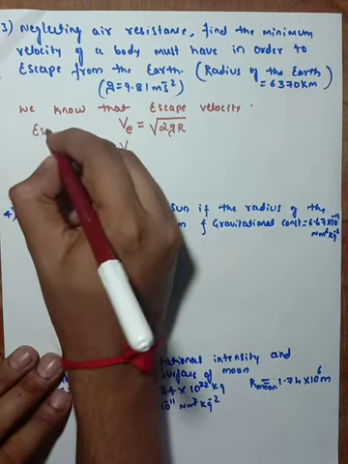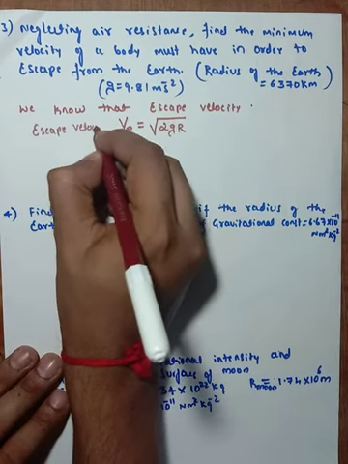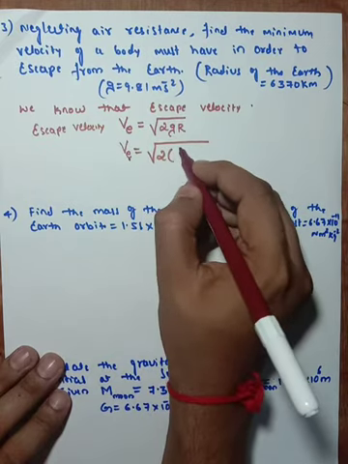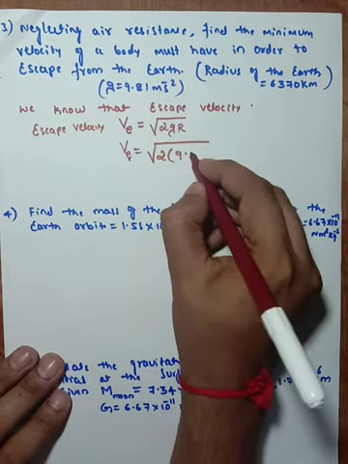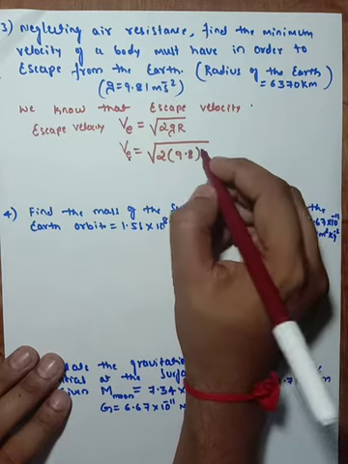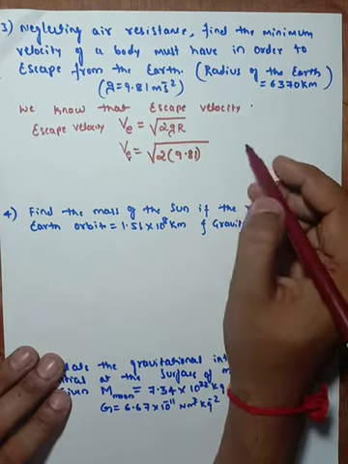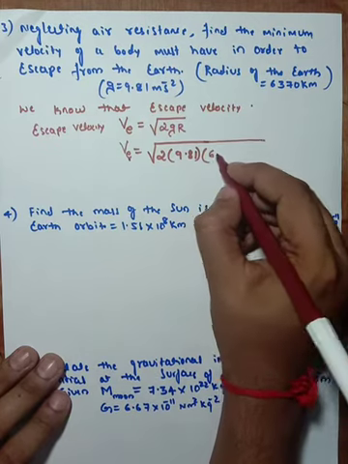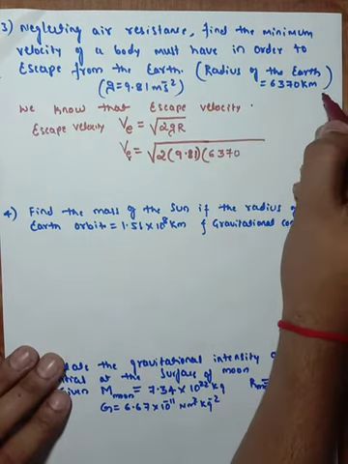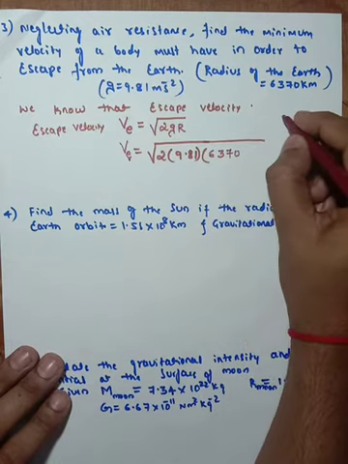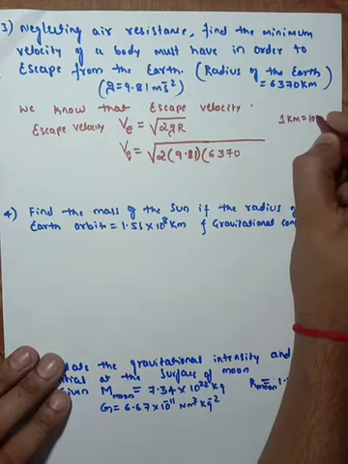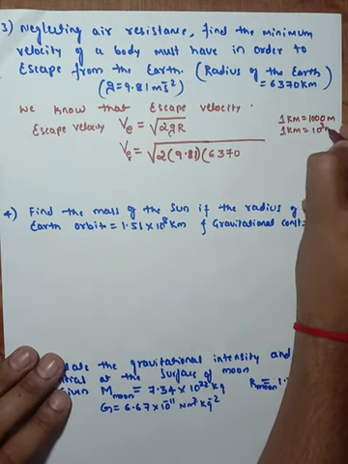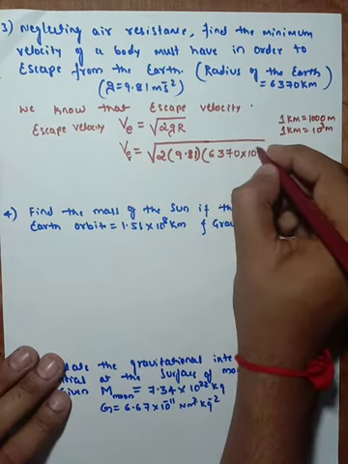Simple formula. 2 into g is 9.8, or they have already given it, let me write that only. Then r for earth is 6370 kilometer. 1 kilometer means 1000 meter, or 1 kilometer can also be written as 10 raised to 3 meter. So into 10 raised to 3 meter.